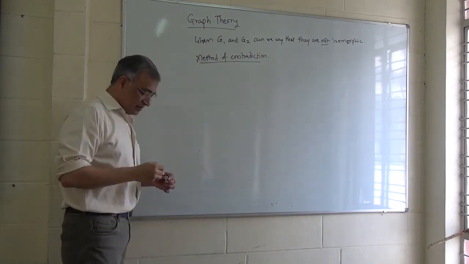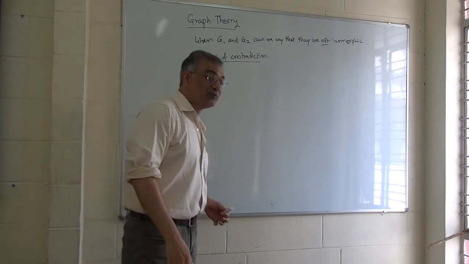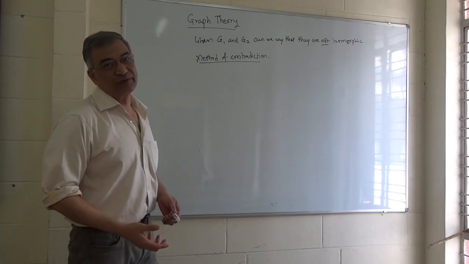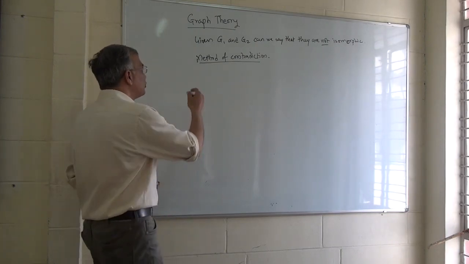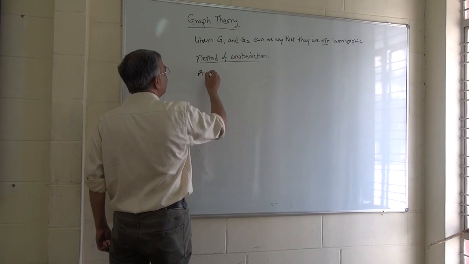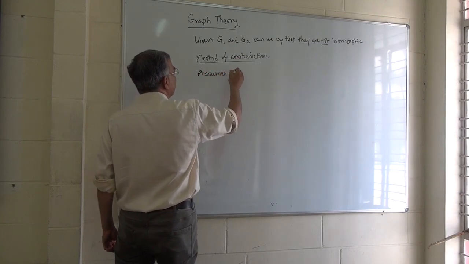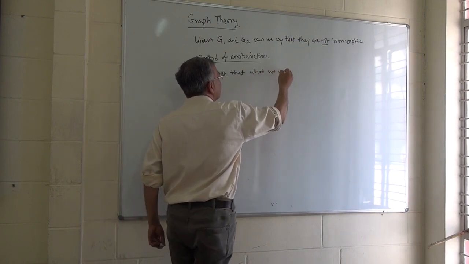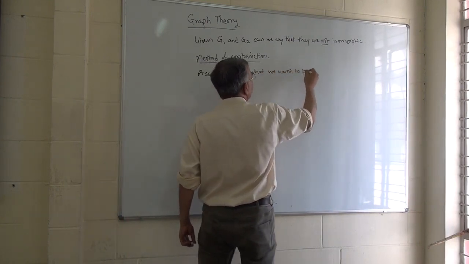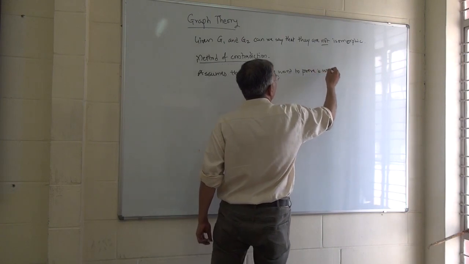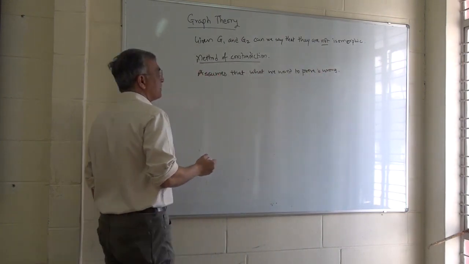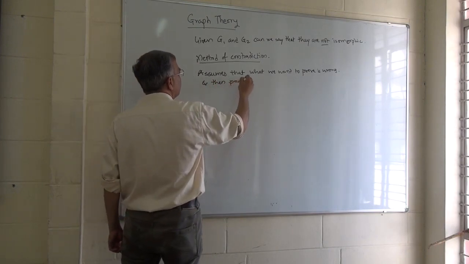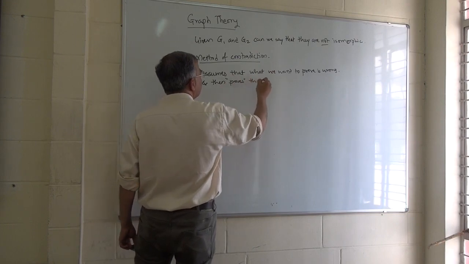Just like induction is a very standard procedure in proving things in maths, the method of contradiction is equally common. What does it do? It assumes the contradictory thing. It assumes first that what we want to prove is wrong, and then proves that this assumption is wrong.